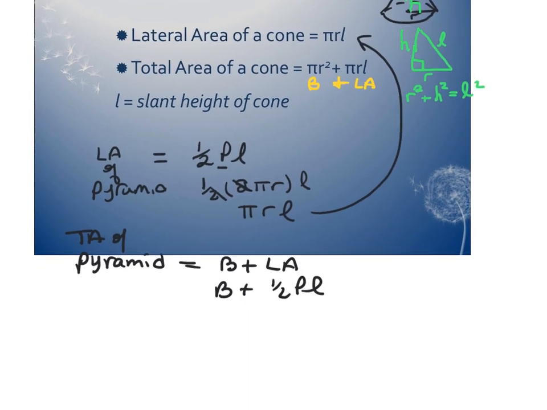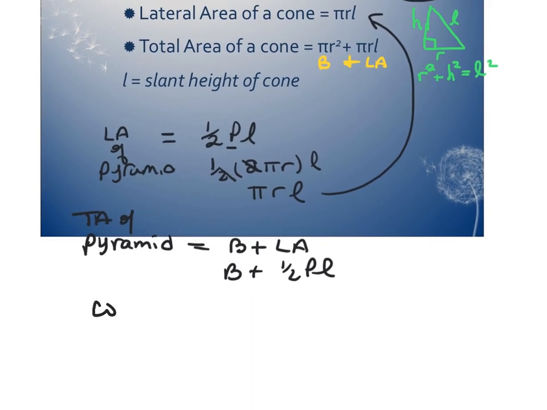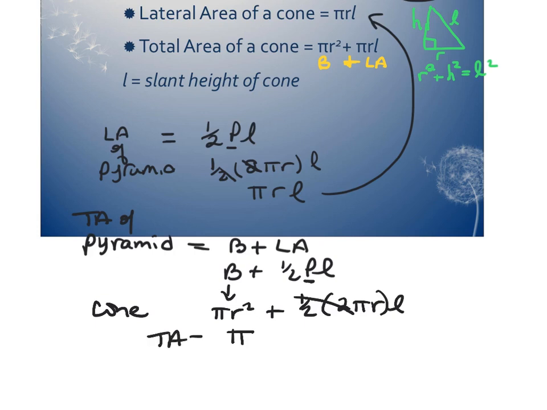So if we show how this relates to the cone, the base area is a circle, and if we replace perimeter with circumference, and then simplify that, my total area for a cone is pi r squared plus pi r L.